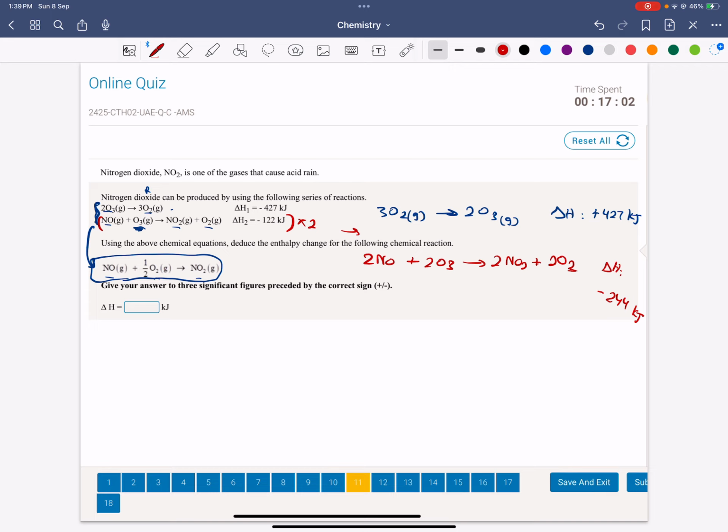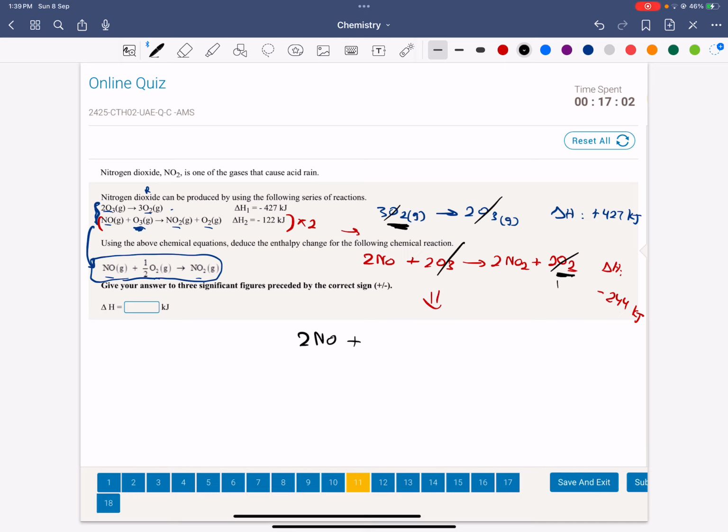Now we can basically cancel our equations. So we can cancel O3 and O3, and we're going to add up both our equations along with their enthalpies. So what will we get? We will get 2NO, plus, now we have 3O2 here and we have 2O2 here. So we're going to cancel.